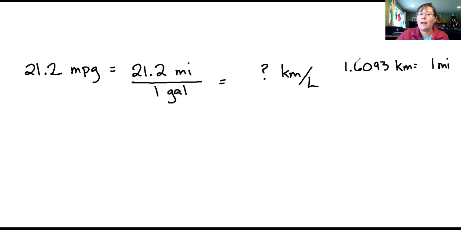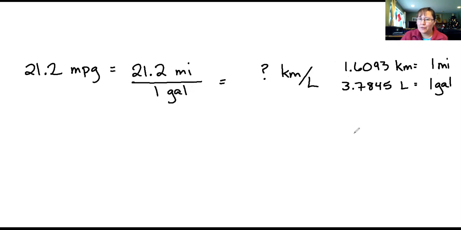You could go the other way around and have 1 kilometer per miles, and it'll get you the same answer as long as you have the correct conversion factor. And now the second conversion factor, for going from gallons to liters, that's our volume, is that there are 3.7854 liters in 1 gallon.